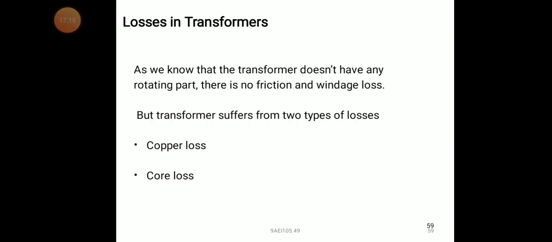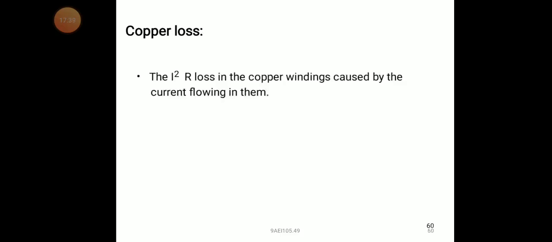But the transformer suffers from two types of losses: copper loss and core loss. First one is the copper loss, second one is the core loss. Now we try to discuss this copper loss and the core loss. So what is the copper loss?